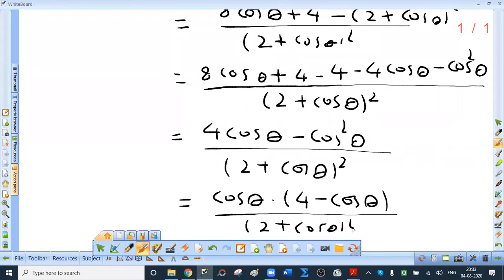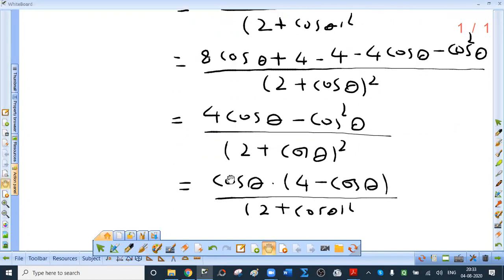So in that interval, cos theta is not negative, right? And 4 minus cos theta is definitely positive. So that product is definitely positive. I'll explain.